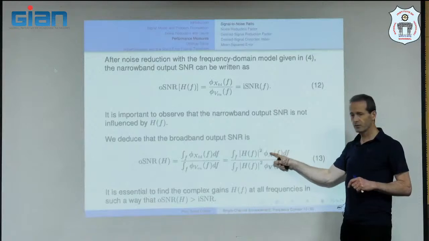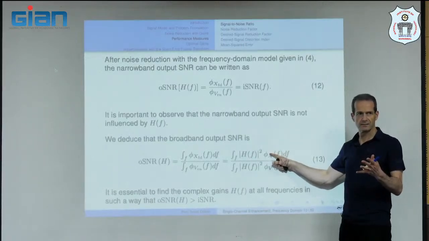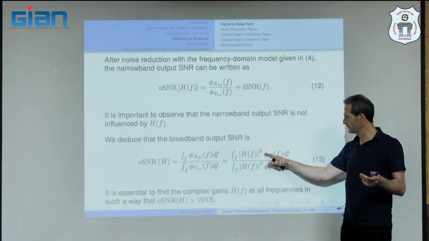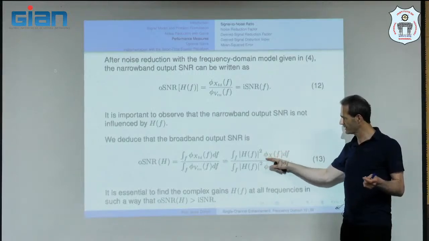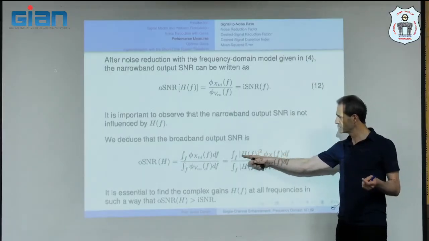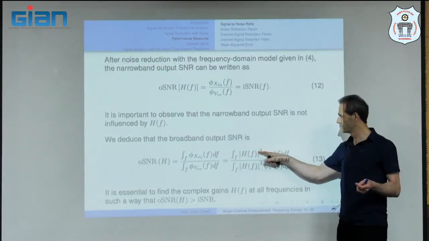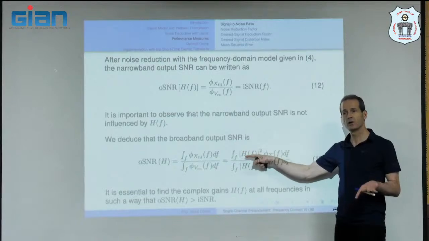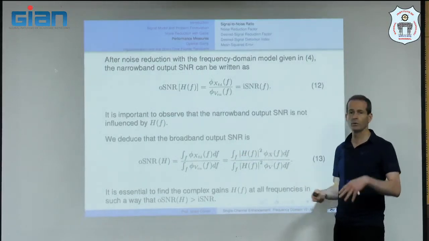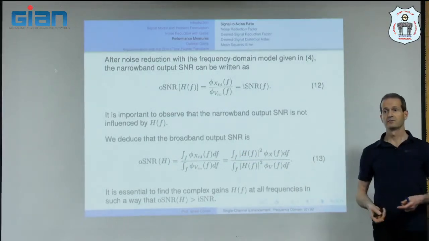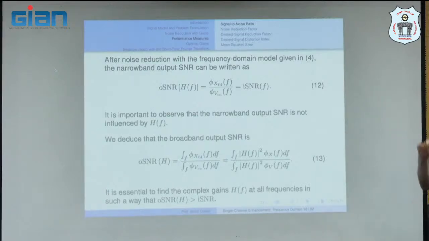So this is higher when the SNR is higher for white noise. So when this is higher, we will choose H to be higher. When this is lower, we can make H lower. And then this integral will have a higher total value, even though the norm of H is constant.